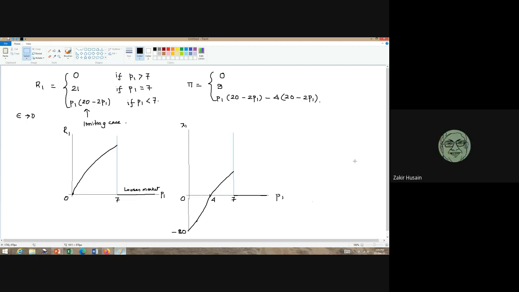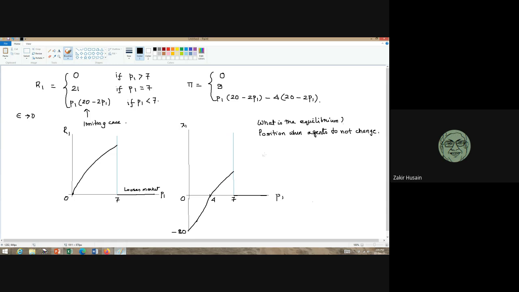Now, why am I discussing this discontinuity? We have got some very nice graphs, okay? But the most important question is, what is the equilibrium in this case? You know what equilibrium is? It is a position when agents do not want to change.